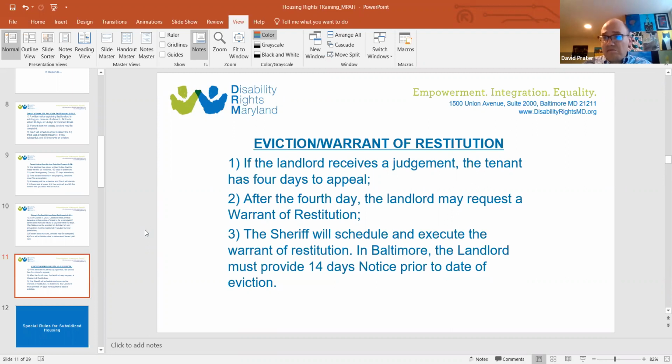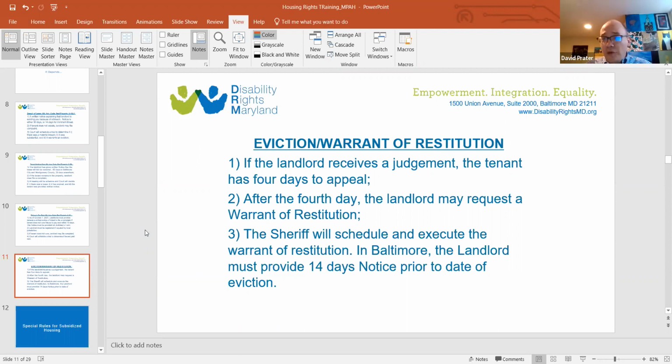A tenant is not prohibited from filing an escrow complaint in the district court where they are residing. But what the court would probably require is that the tenant start paying rent into the escrow account for the court to then order the landlord to make the repairs.